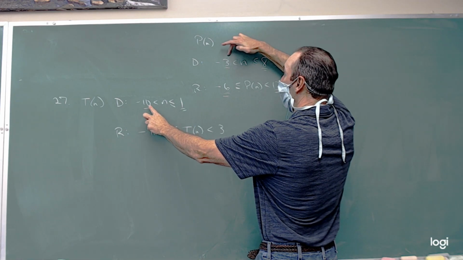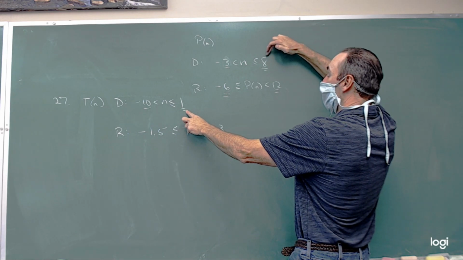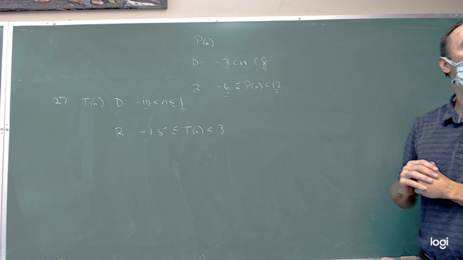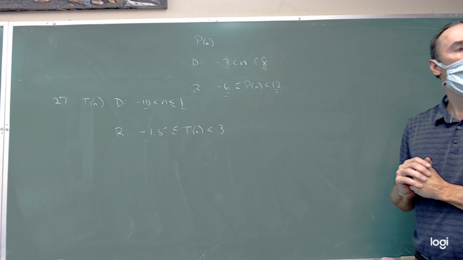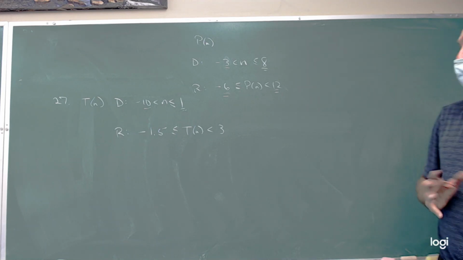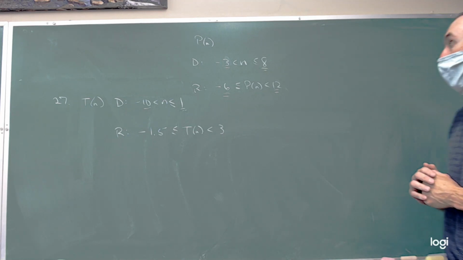What do you do to the negative 3 to get to negative 10? And can you do that same thing to the 8 to get to 7? Instead of adding 7, I think subtracting 7. Yeah. Is that okay? Okay.